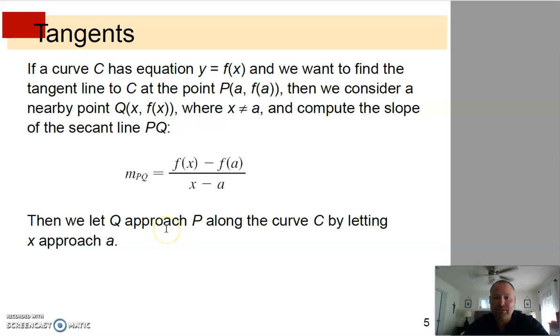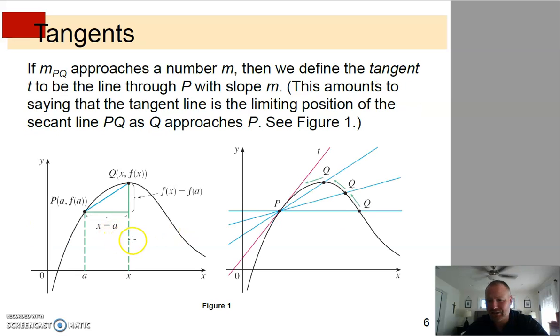So now if we take a look at a chart here, if we take a look at point P, we'll call point P a comma f of a, and x comma f of x comma y would be Q. And basically, at the end of the day, what we want to do is find the tangent line at a comma f of a. In order to do that, we can calculate the limit as x approaches a.